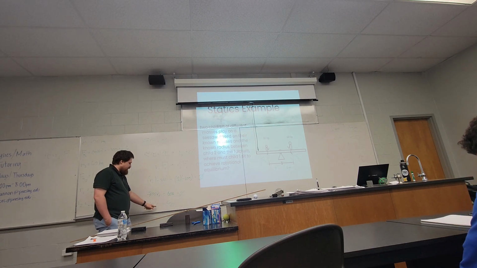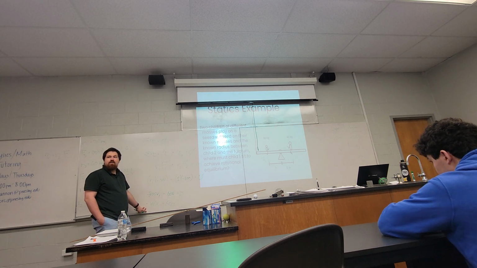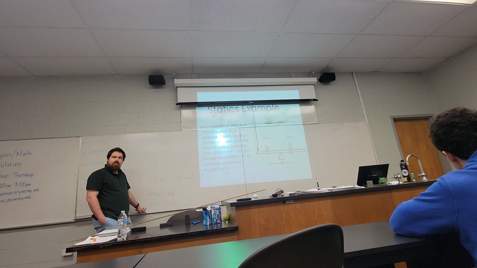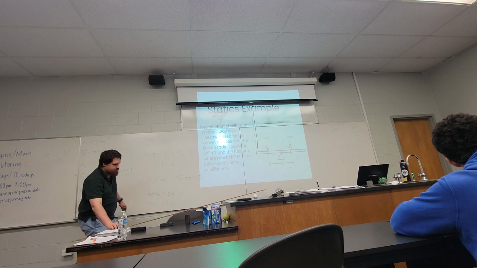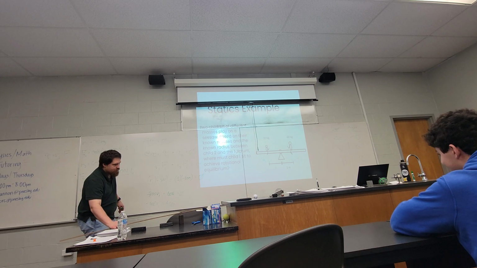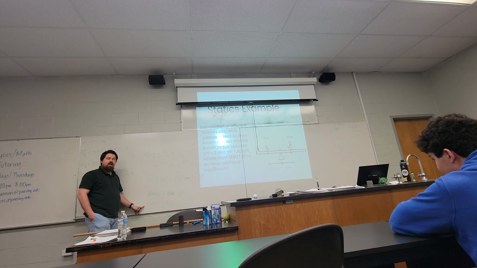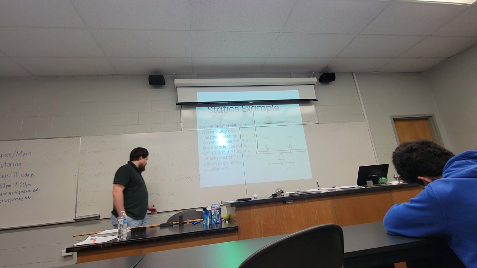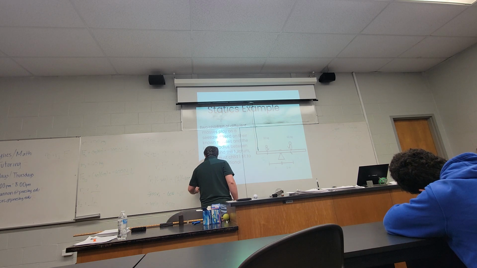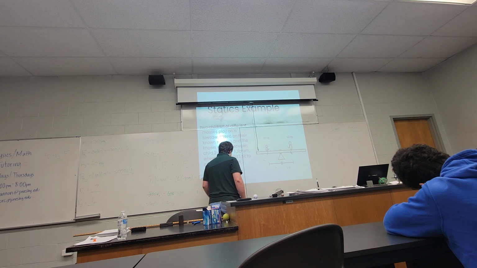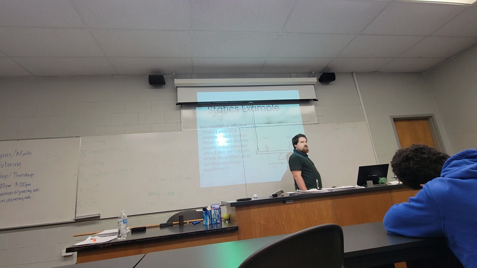Then to get R1 by itself, what should we do to both sides? Divide by what? Negative 300. So for the next step, I'll write out R1 equals positive 600 over negative 300. And that will give us a final answer of negative 2 meters.